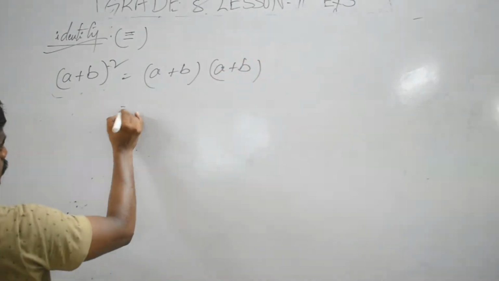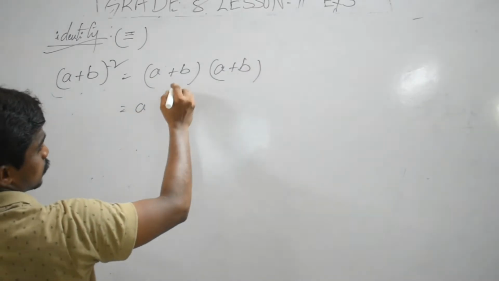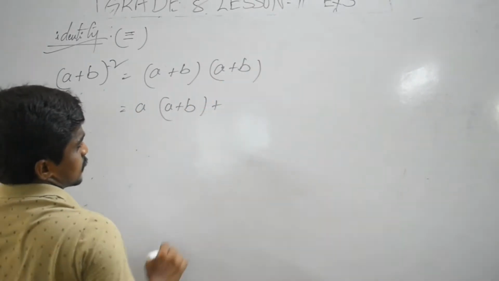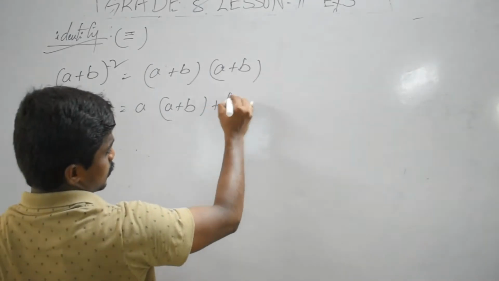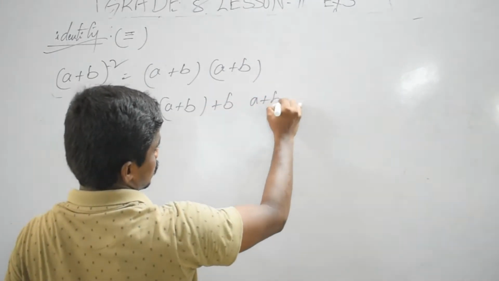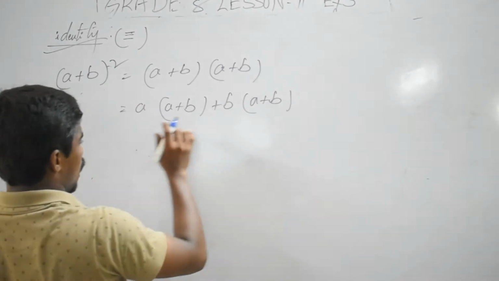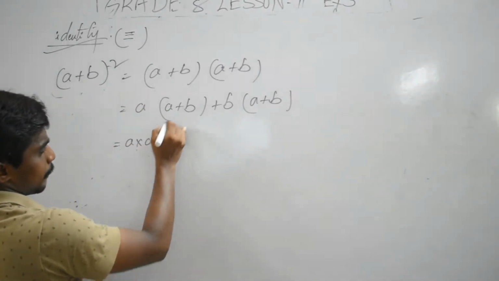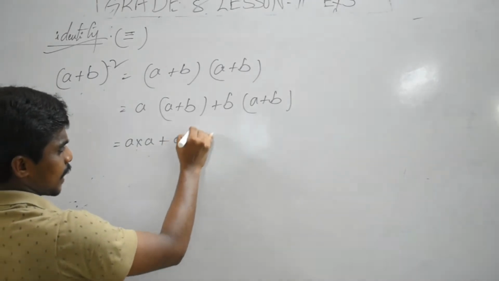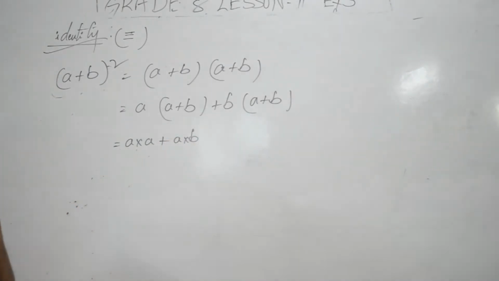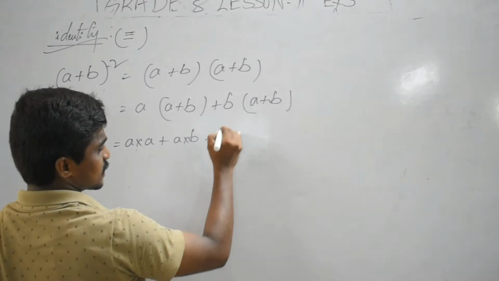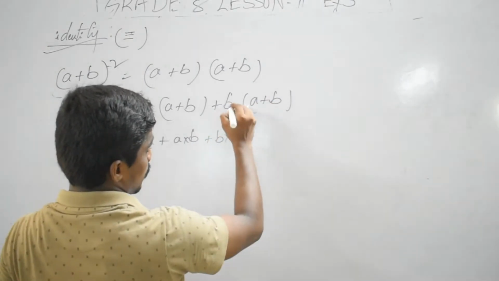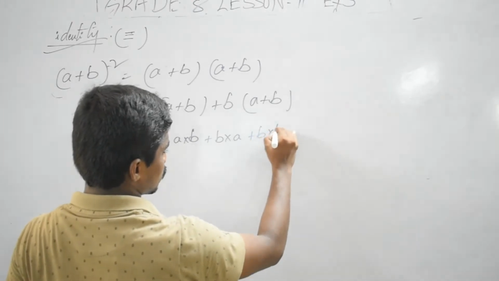Now a times a plus b, plus b times a plus b. So these two you multiply: a times a plus a times b, plus b times a plus b times b.